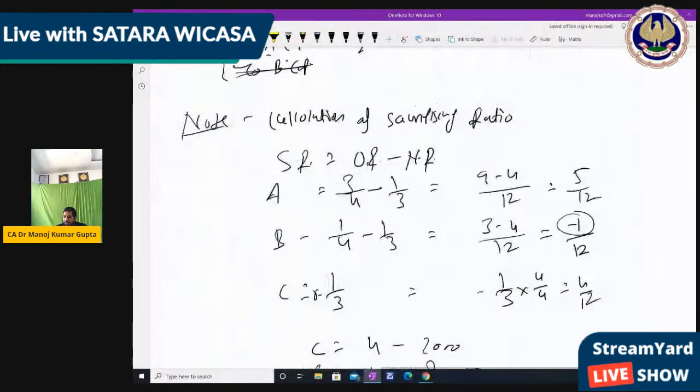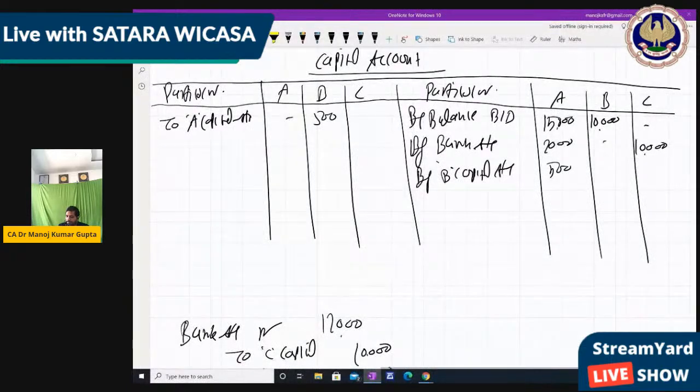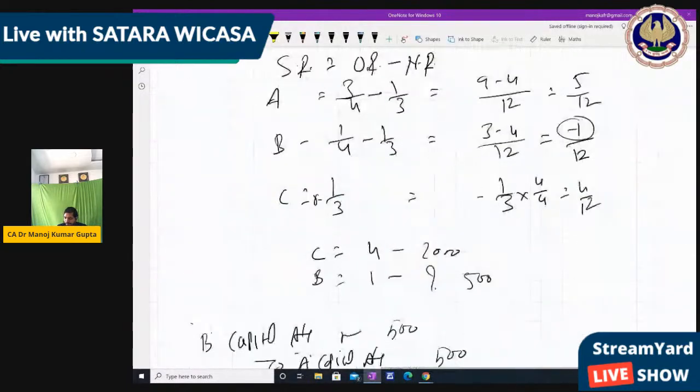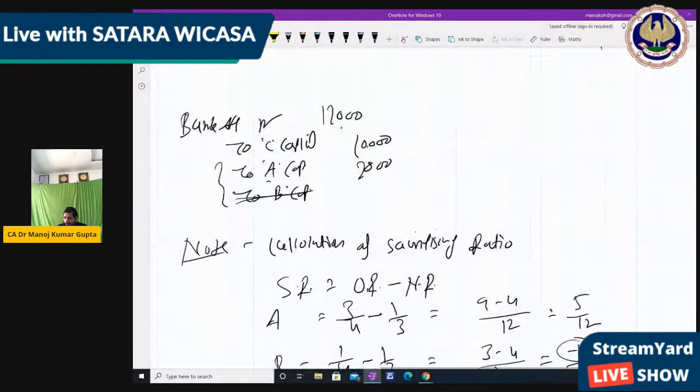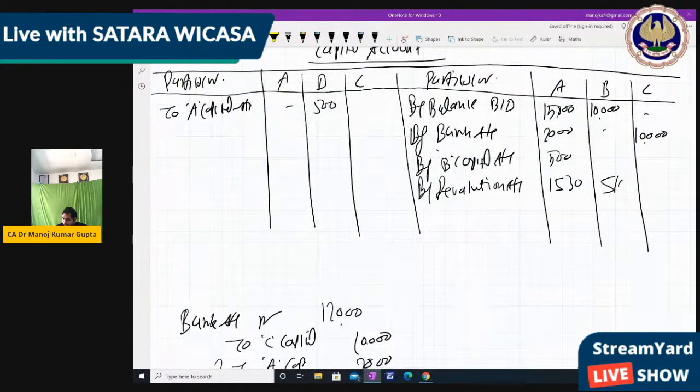Now in the partners' capital account we write on the credit side: by revaluation account 1,530 and 510. Okay, so this revaluation is also done.